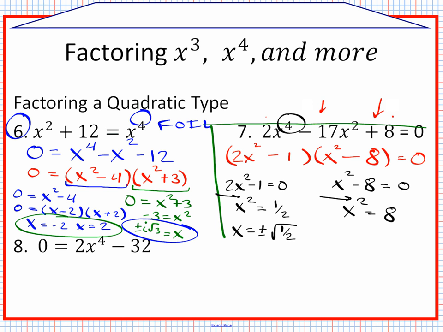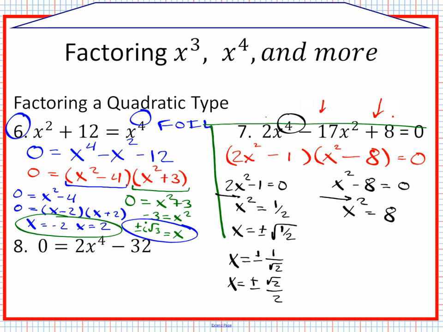If you're in geometry, that's definitely not an okay answer. So let's rationalize that. X equals plus or minus 1 over the square root of 2. Careful not to make a mistake here. X equals plus or minus root 2 over 2. So that's two solutions, positive root 2 over 2 and negative root 2 over 2.